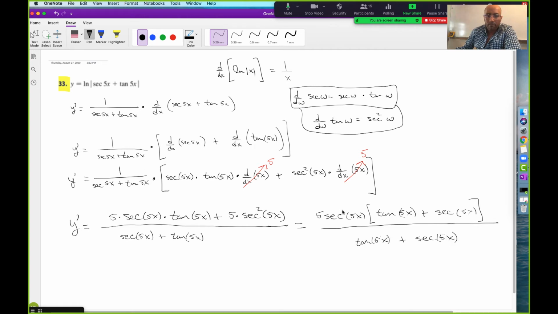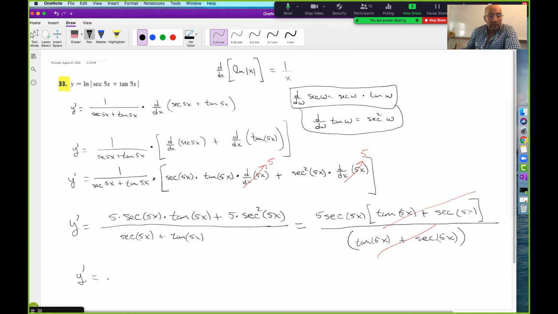And now it looks nice and pretty, and I can tell that this whole thing as a unit will cancel with that, right? Not individually because of that addition problem. I can't cancel a tangent 5x and tangent of 5x, but as a little unit, as a little binomial here, this whole thing can cancel with that whole thing, reduces, and we finally arrive at our final answer.